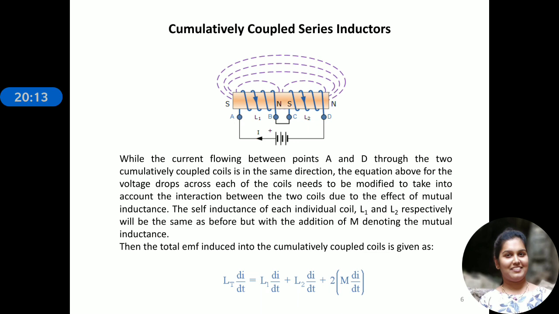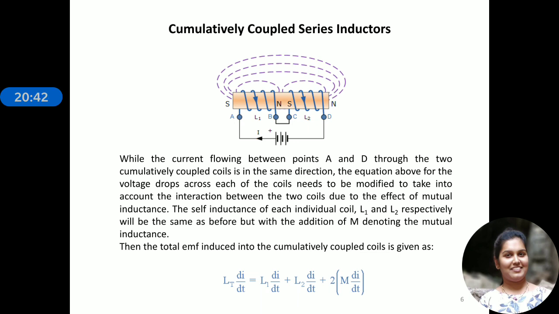You can clearly understand this from the diagram shown on the screen. You can see a core in pink color, on which two inductors, L1 and L2, are wound. Between the terminals A and B, L1 is connected, and between the terminals C and D, L2 is connected.